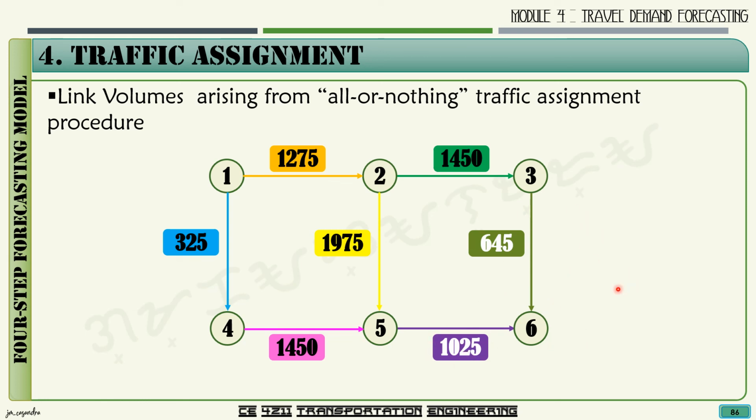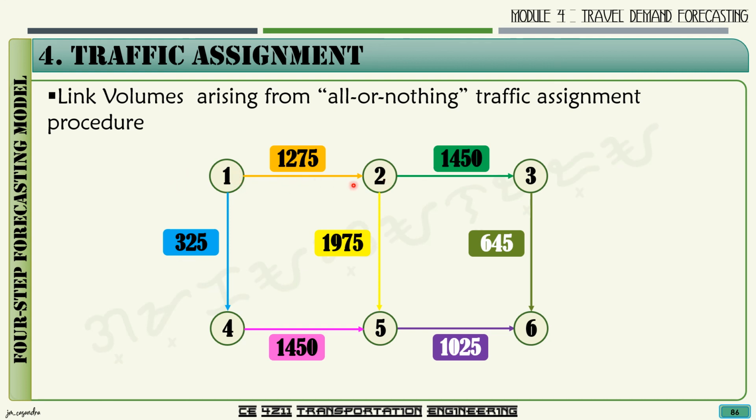Basically, once we have computed our trip distributions, the distributed flow will be assigned to a certain route. So all of our distributions will again be distributed in terms of route.